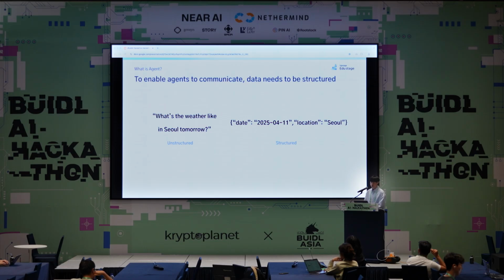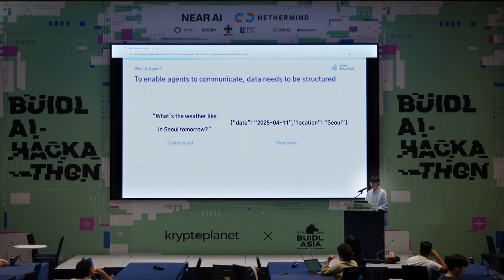Here, the terms unstructured and structured come up again. As I mentioned earlier, in order for the LLM to communicate with various API tools, it's essential to convert unstructured data like the one shown on the left into a structured format like on the right.